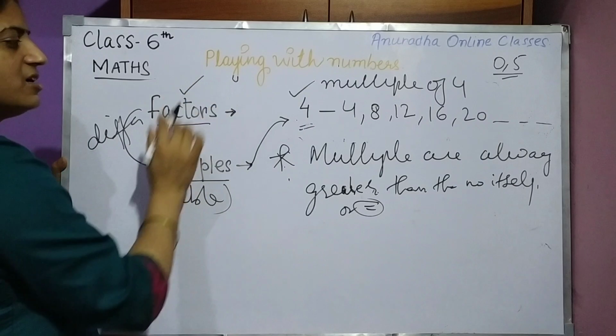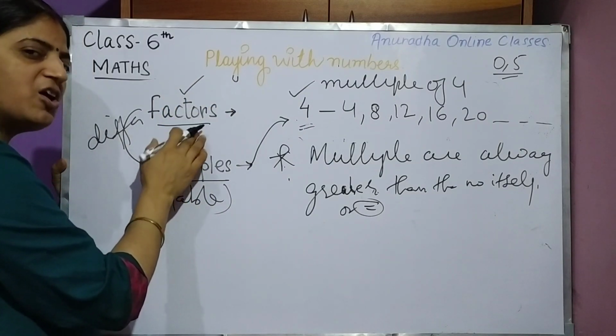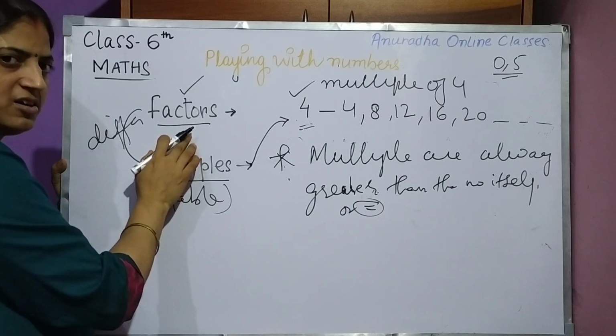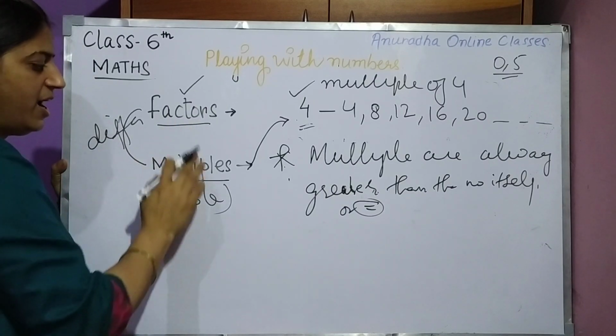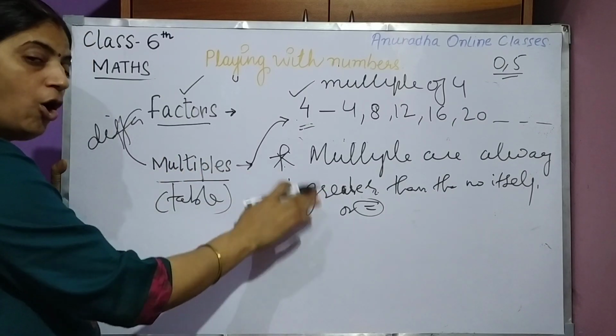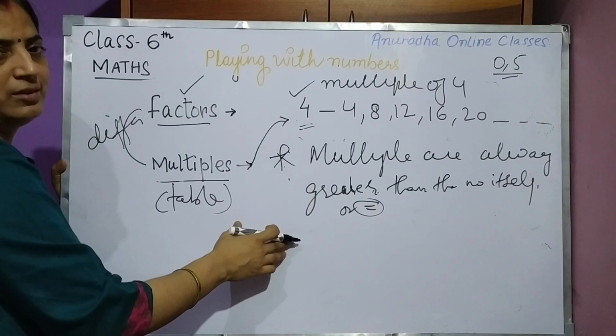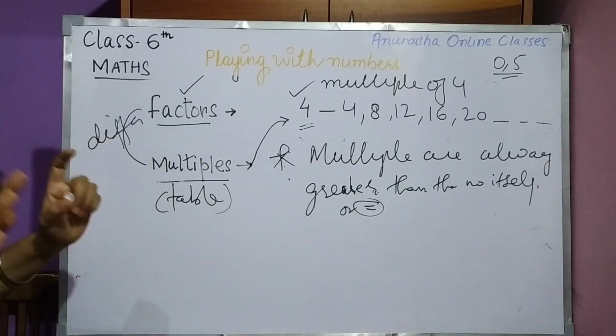Factors are equal to the number itself or less than it, and multiples are equal to that number or greater than the number itself. Right? This is the main difference.